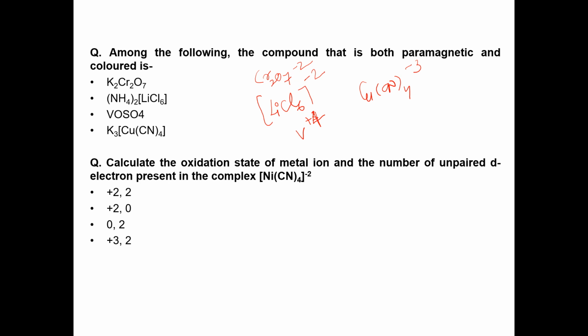What is the oxidation state of the metal here? It will be x minus 6 equal to minus 2, so it is plus 4, and vanadium is already plus 4. And what about copper? It is x minus 4 equal to minus 3, so it is plus 1, so it will be d9.